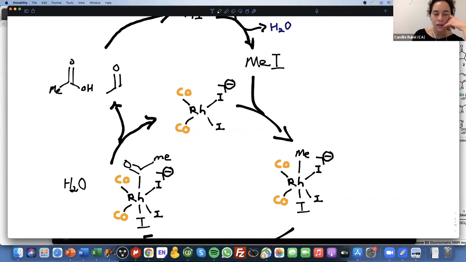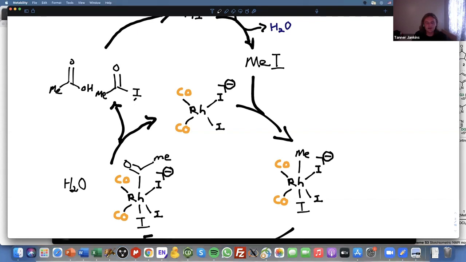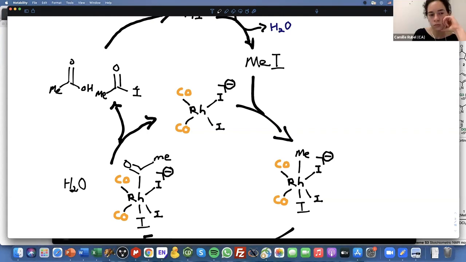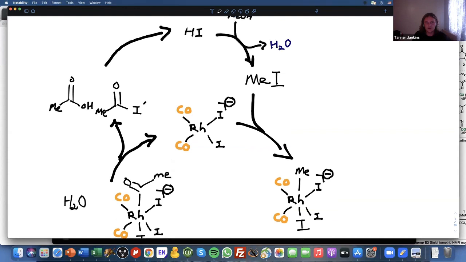Yeah. Perfect. So you do direct reductive elimination of the rhodium acyl species with the iodide to form this acyl iodide, which, as you would imagine, is pretty quickly hydrolyzed by water to give acetic acid and HI.